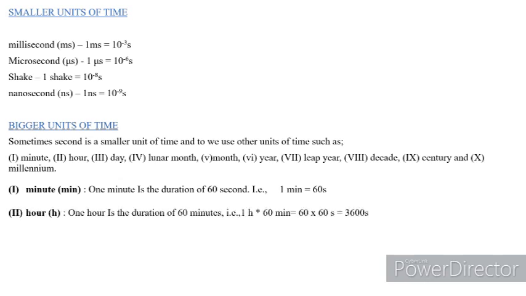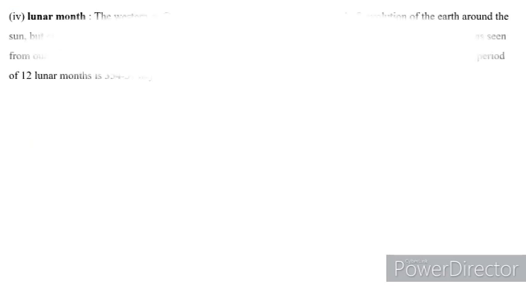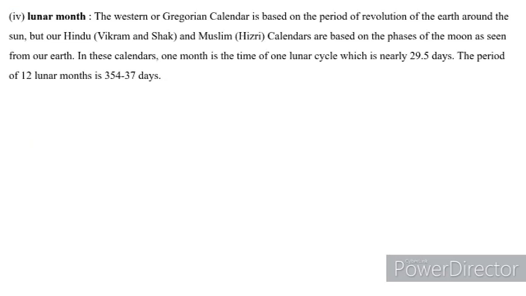And 1 hour is 60 minutes, that means 60 into 60 is equal to 3600 seconds. And the day, we know, is one rotation on its own axis and it is divided into 24 hours. Therefore 24 into 60 is equal to 1440 minutes, that is equal to 86,400 seconds.